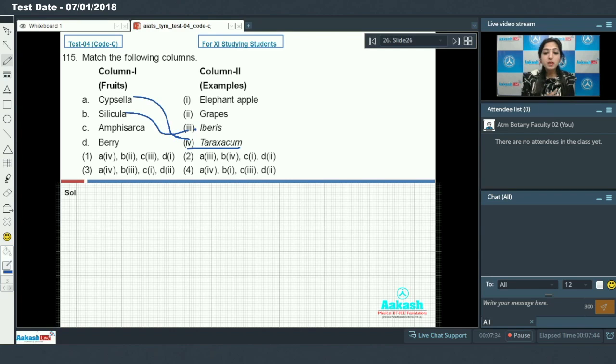Amphisarca is multicarpellary syncarpous, multilocular superior ovary, and it is found in elephant apple. And talking about berry, berry is one to many seeded fruit which is found in grapes. Okay, so after analyzing all the options, we come to know that answer to this question is option number 3. Moving on to the next question, that is question number 116.